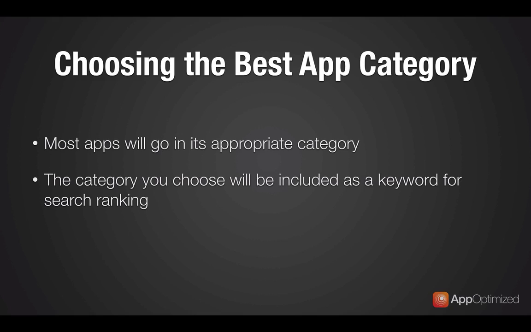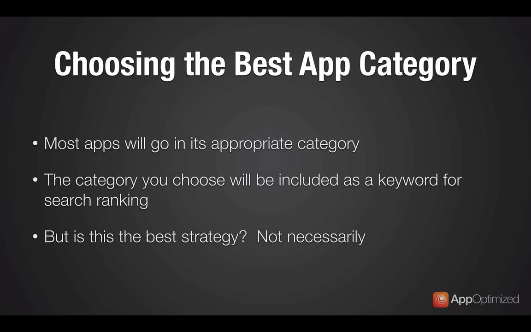If someone's searching for signature productivity and I put it under the productivity category, then that keyword productivity will also be included under my keywords. And I don't need to add that into my title. I don't necessarily have to add it into my title or my keywords because at least for Apple, and I believe Android is the same way, whatever category you choose will be included as a keyword for your search ranking.